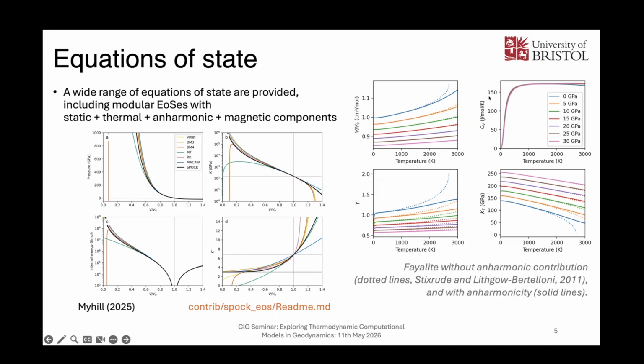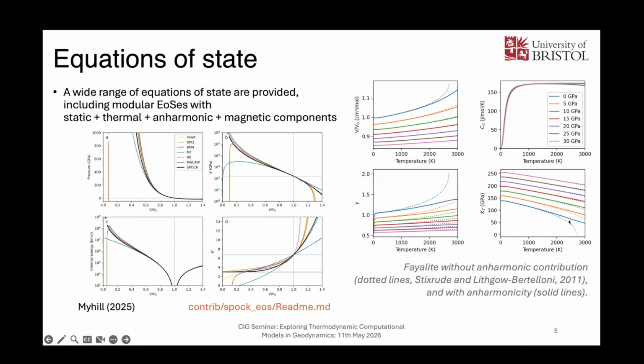And so I've given an example on the right-hand side of this figure of the effect of using the add-on for anharmonicity. You can see that at high temperatures, it's actually way above the melting point of fayalite, but nevertheless, you might want to interrogate an equation of state outside its stability field.